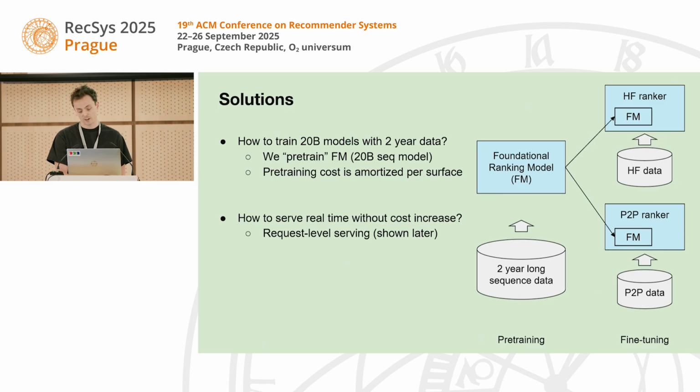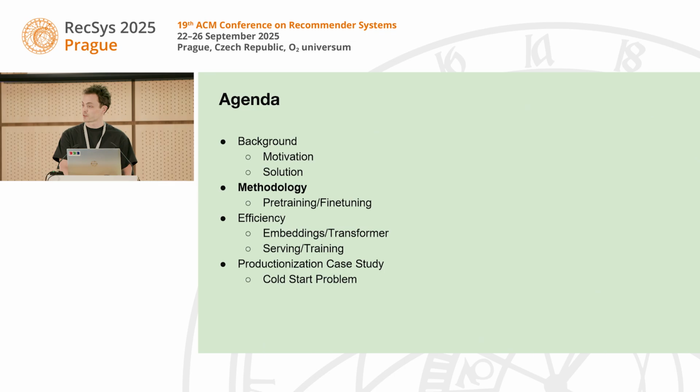And this model is then brought into online surface models like our home feed ranking model and is fine-tuned in the same way that those models are trained before. Later in the talk, we'll cover how we're able to afford real-time serving for such a large user sequence model component. Next, I'll elaborate on our methodology for pre-training and fine-tuning.